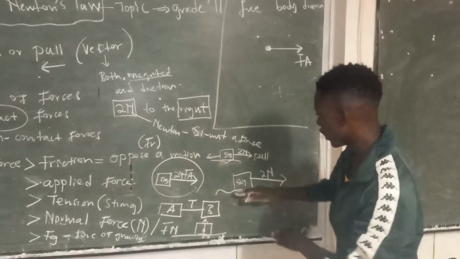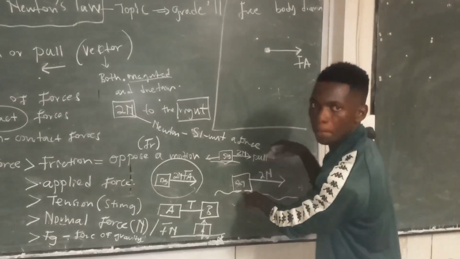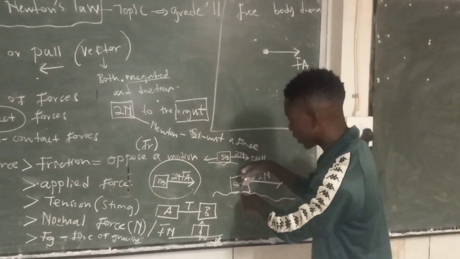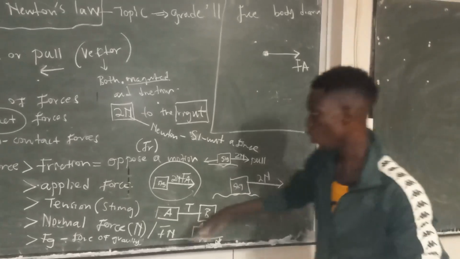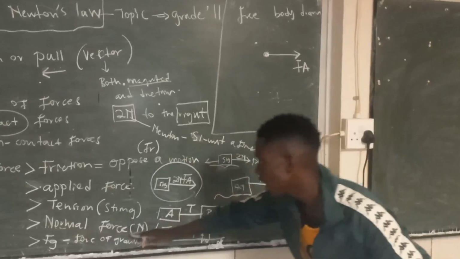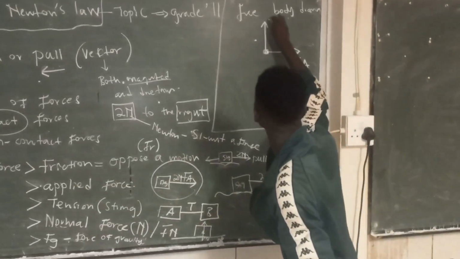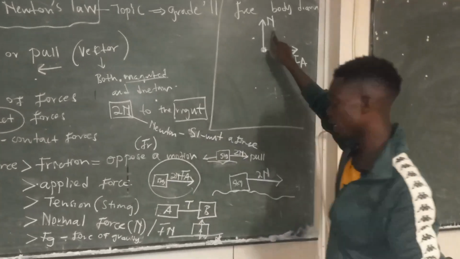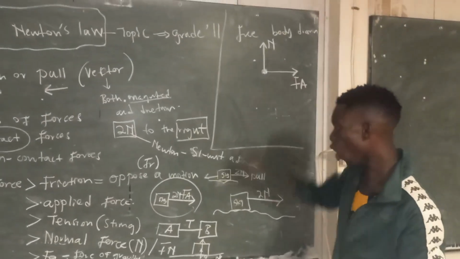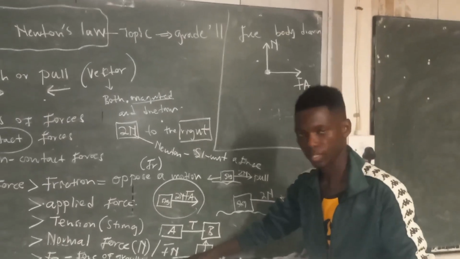Remember, this force is acting parallel to the surface, or perpendicular to the surface. We will have a normal force because it's perpendicular to the surface. You can write capital letter N or you can write Fn.